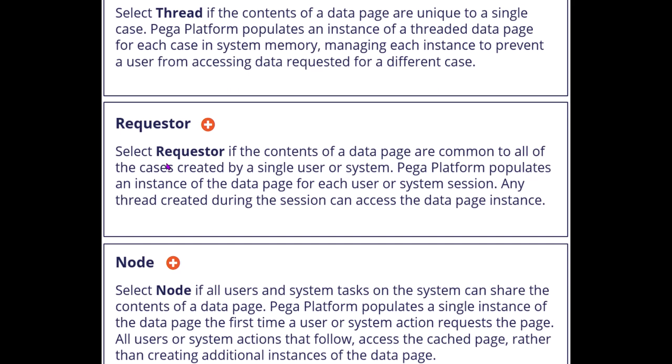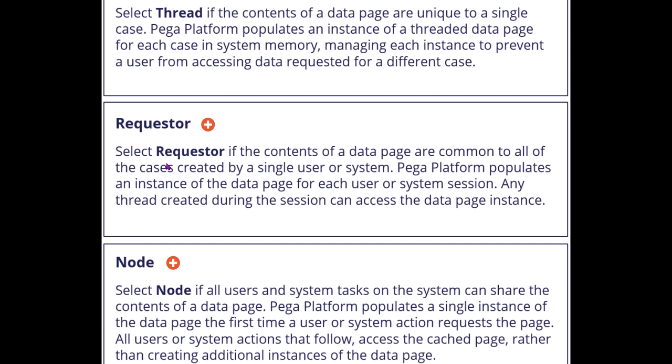Coming to requester scope, once a data page is populated, the same data contents you can use across the multiple service cases for that requester session or for that operator ID login.